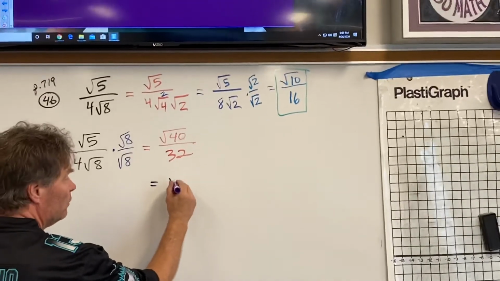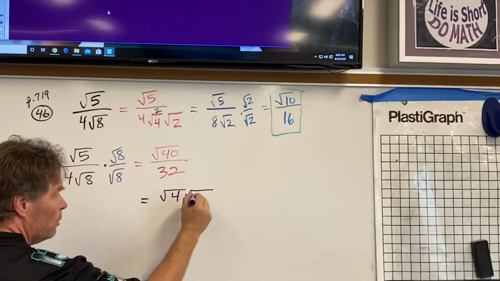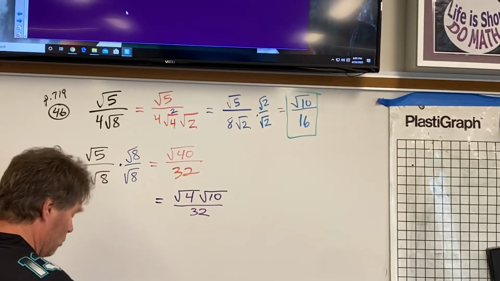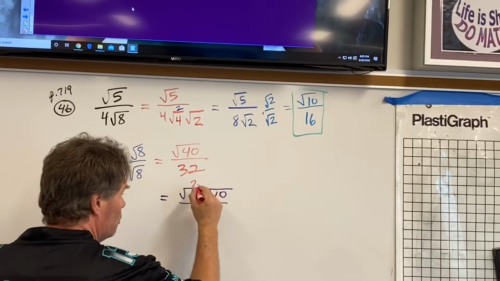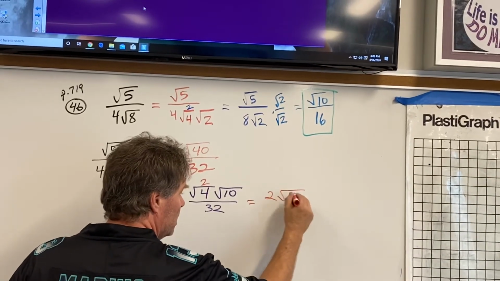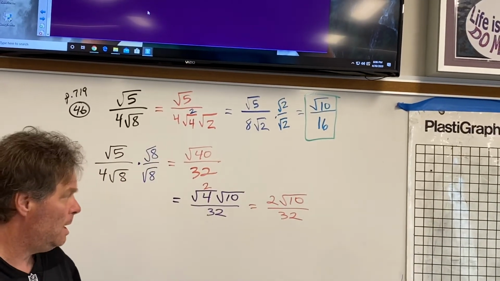Notice, it can be square root pretty, square root ugly. What's pretty about 40? 4. What's ugly? 10. And then remember, square root 4 is 2, right? So this thing simplifies to 2 root 10 over 32, okay?